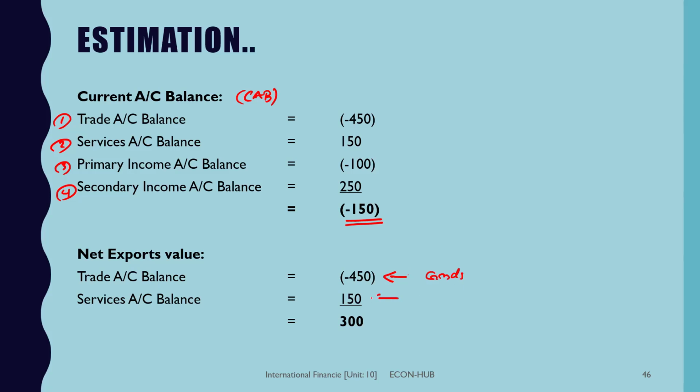Net export should include goods and services, both exports minus imports. That is net exports. Is that clear? So the correct response is a deficit of 300.